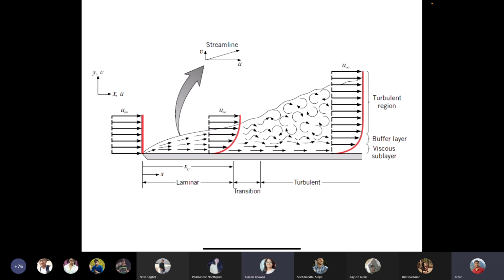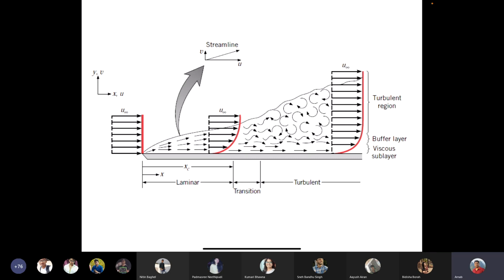Right. So now the point is that we have heard about laminar and turbulence in normal fluid flow condition. Now, these laminar and turbulent flow conditions both occur in the boundary layer.